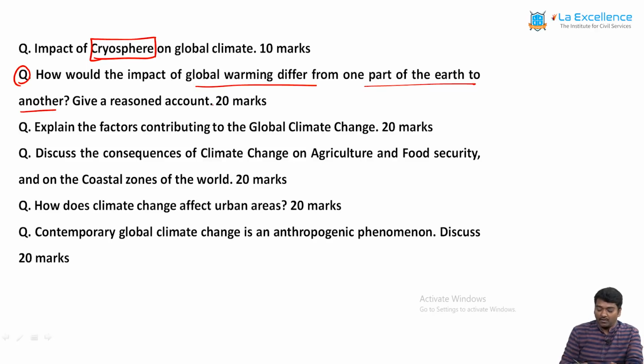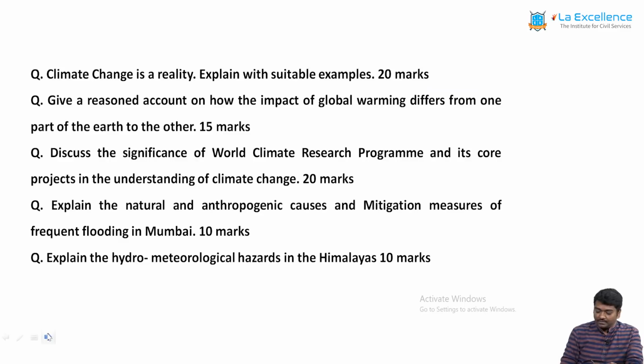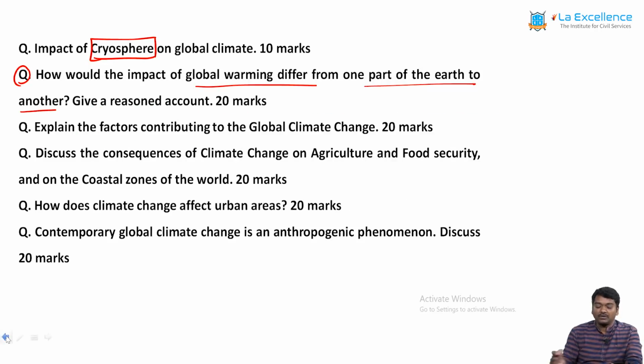I want you to see this question. Give a recent account. I will show you another question: give a recent account on how the impact of global warming differs from one part of the earth to the other. Can you see both are one and the same, but the only difference between those two is marks. As I told you, most of the questions will be repetitive. You just need to focus on them properly.